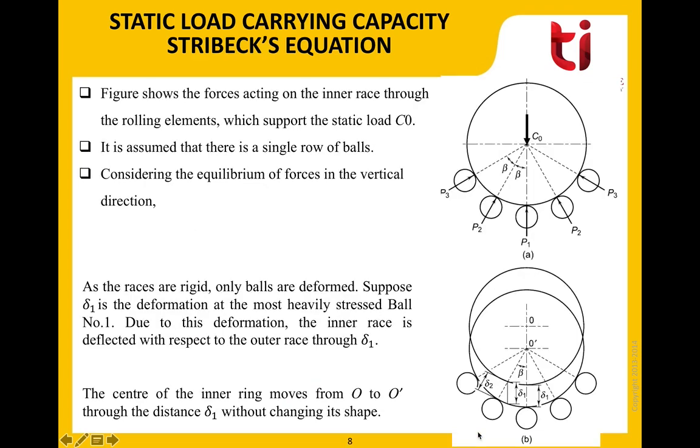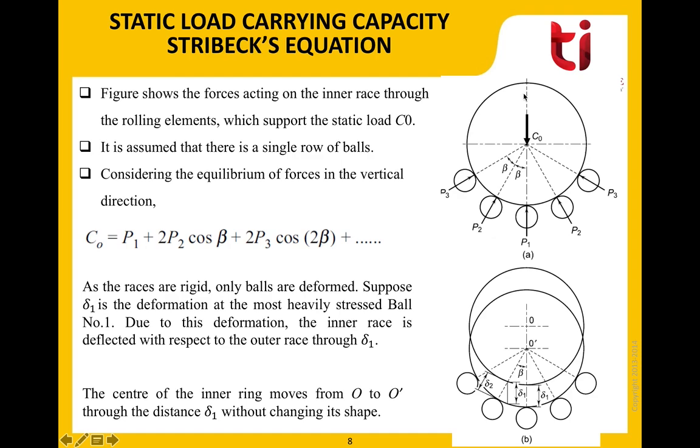Now we can have a look at this figure again, which shows the forces acting on the inner race through the rolling elements, which support the static load C naught. It is assumed that there is a single row of balls. Now, considering the equilibrium of forces in the vertical direction, it is easy to write this equation.